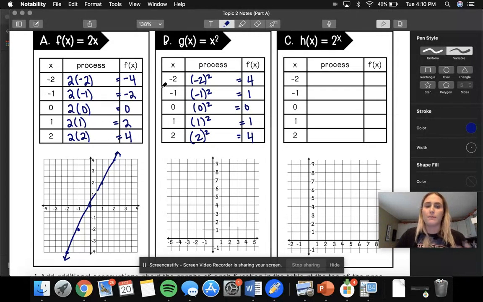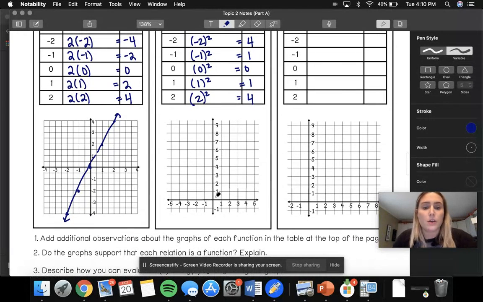So again, we have this input and output. We could plot these as ordered pairs. So input a negative 2, output a positive 4. Input a negative 1, output of 1. Input a 0, output a 0. Input a 1, output a 1. Input of 2, output of 4.